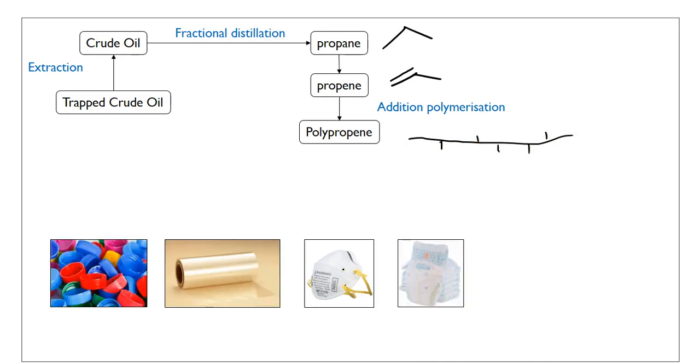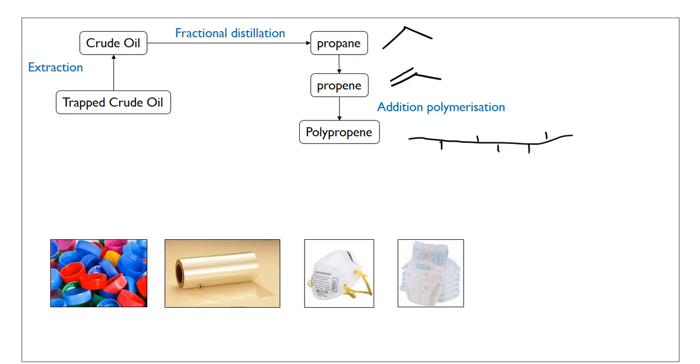And I also want to point out that polypropene can be used to make a variety of plastic products. So it's not just for the N95 mask. It's actually used a lot in a range of hygiene products. Diapers is a popular example, and the reason why I bring up diapers is it's also highly disposable. Like you definitely cannot reuse it, and that creates a lot of issues later on. But you could also use it in packaging.